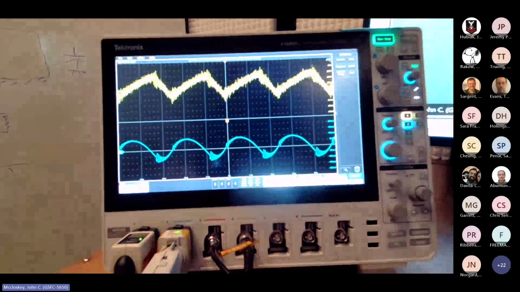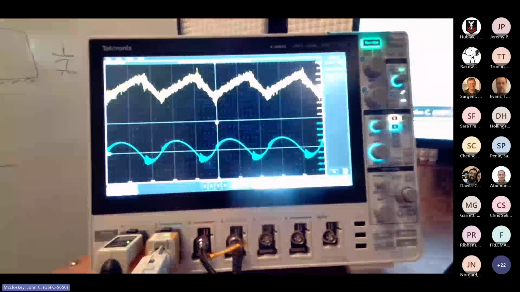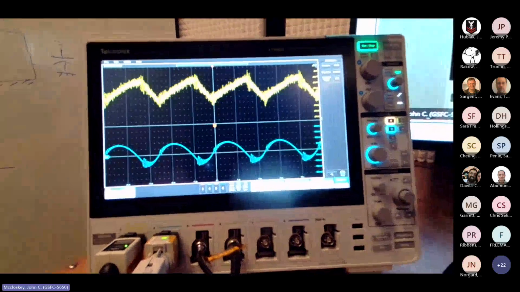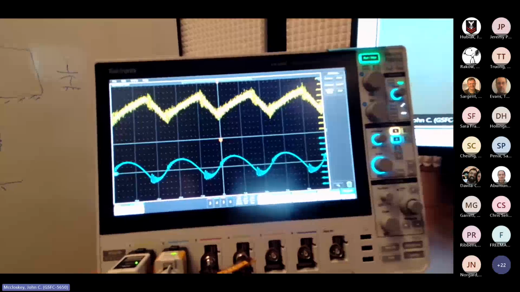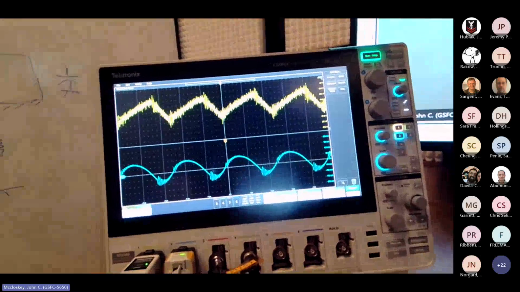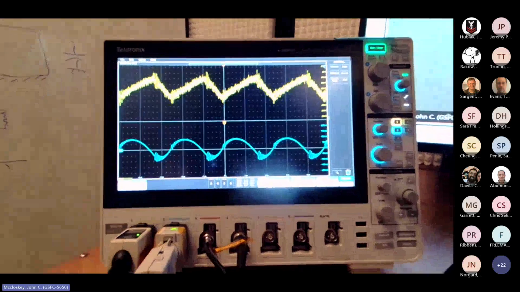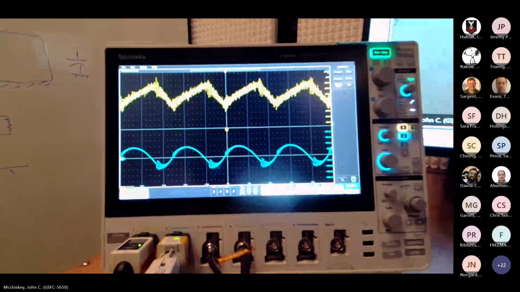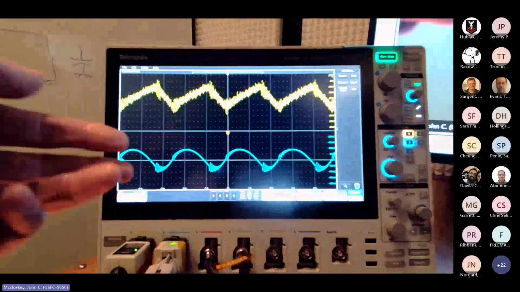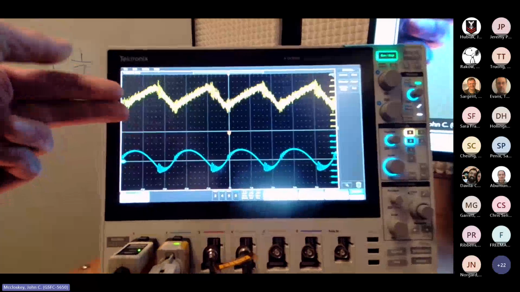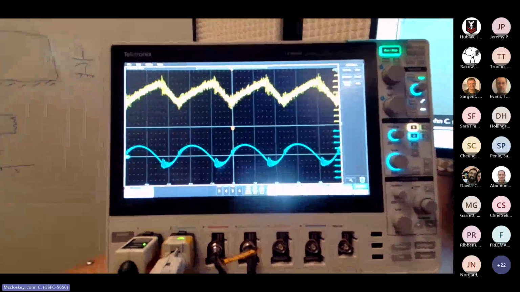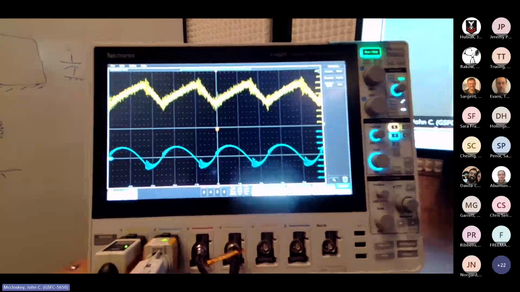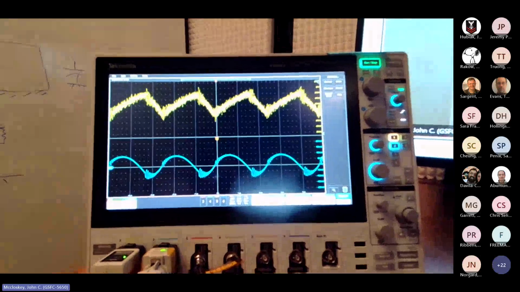AC coupling can distort the waveform, and it can show you things that aren't really there. If I'm dealing with this type of situation, I prefer to use DC coupling and put a DC offset on it. So I've got a 28 volt DC offset, so that I can expand the vertical scale around that 28 volts, not around 0. It gives me kind of the same benefit of AC coupling, but it doesn't distort the waveform.